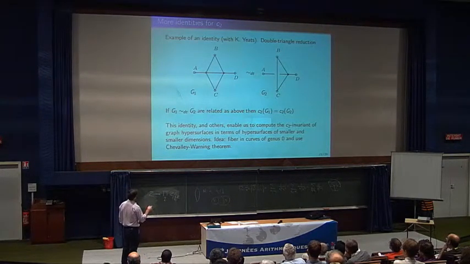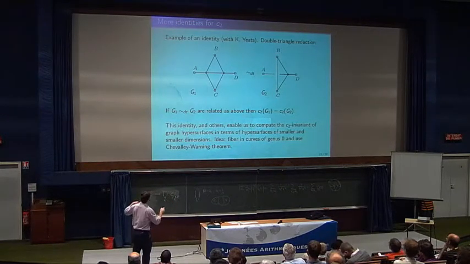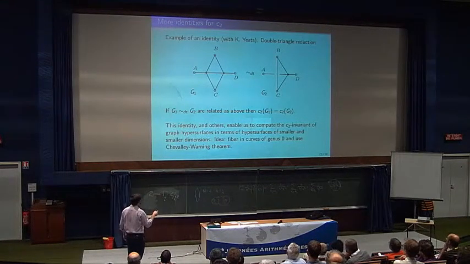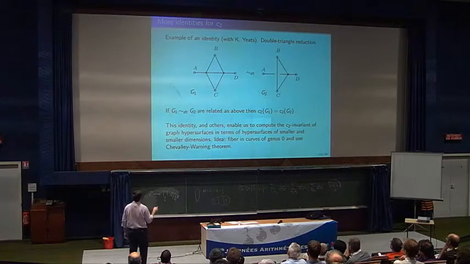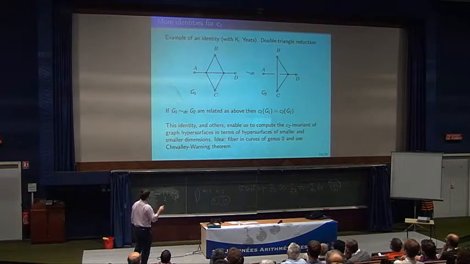A, B, C, D means that this is just the rest of the graph. You can connect anything you like to these vertices. But in between, we ask that the graph contain two triangles back to back, a double triangle. Then we can take this graph and, keeping everything that's outside the same, we can replace this configuration with a smaller one.